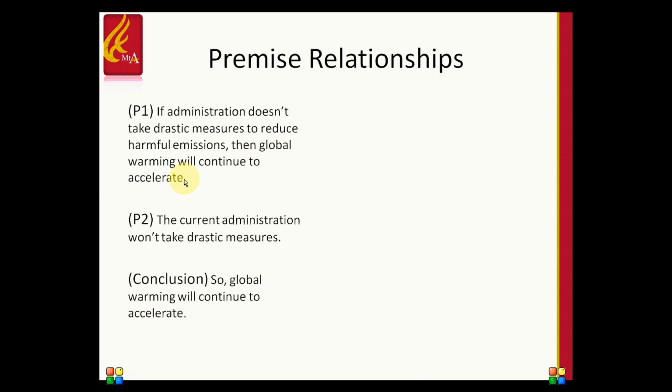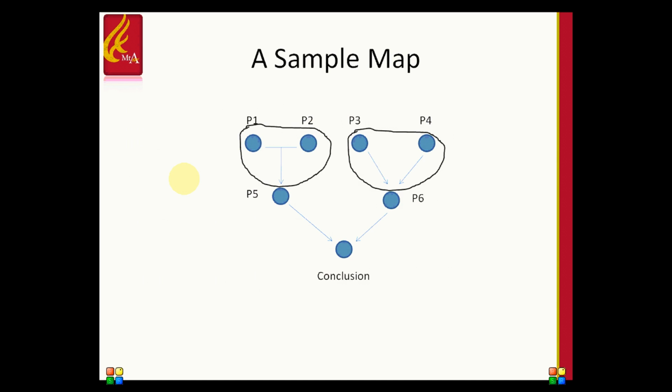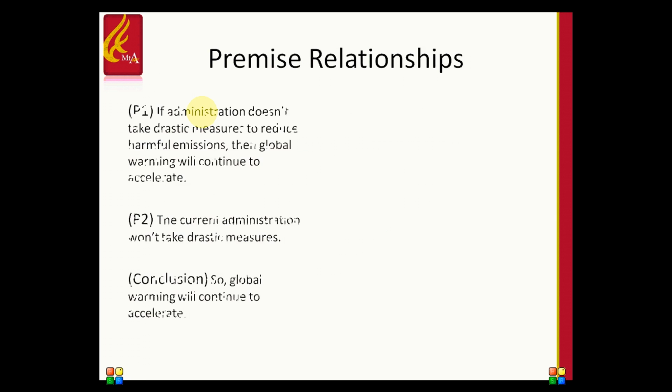So here is an example of a premise of this type here, P1 to P2. If the administration doesn't take drastic measures to reduce harmful emissions, then global warming will continue to accelerate. The current administration won't take drastic measures, so global warming will continue to accelerate.